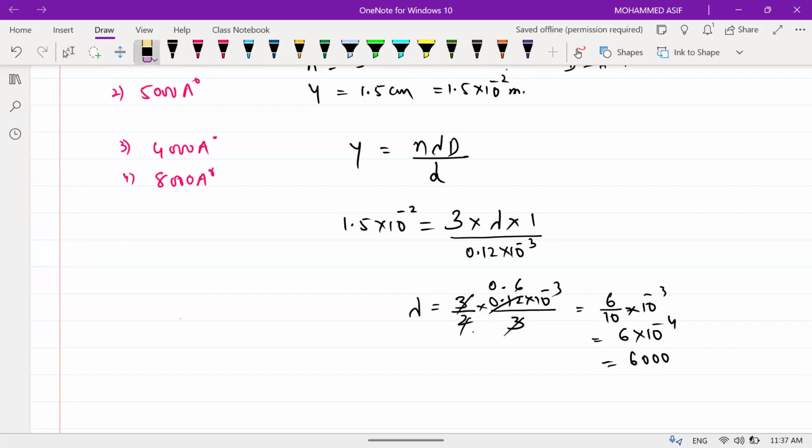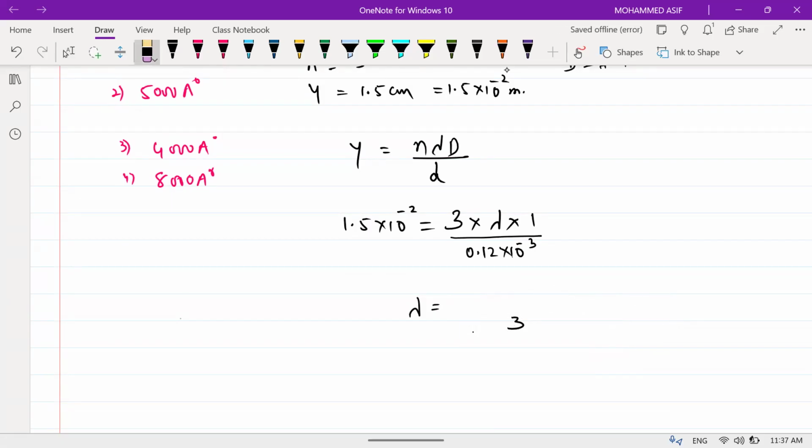See the calculation, how much I'm getting? 1.5 is 3 by 2 into 10 power minus 2, sorry. So this one is 3 into lambda divided by 0.12 into 10 power minus 3.